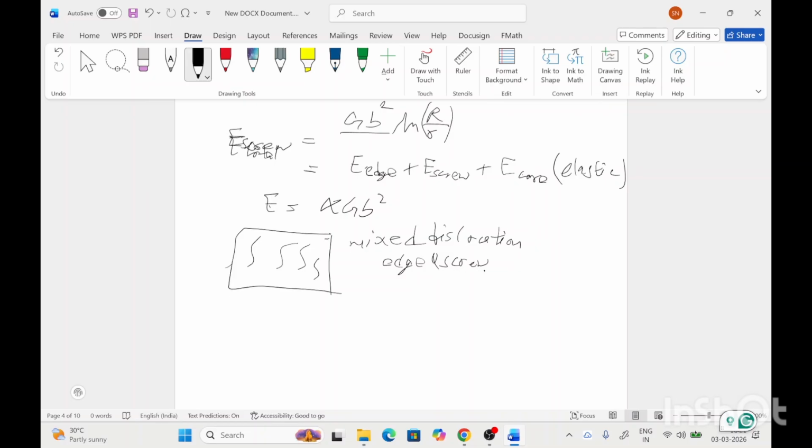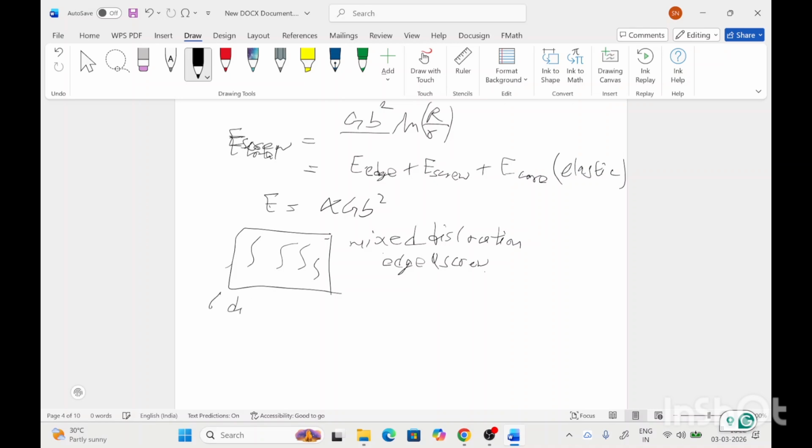For this dislocation, you are seeing that they are ending in the sample, but it is not the real case. Either they are making a loop or they are ending at a free surface.